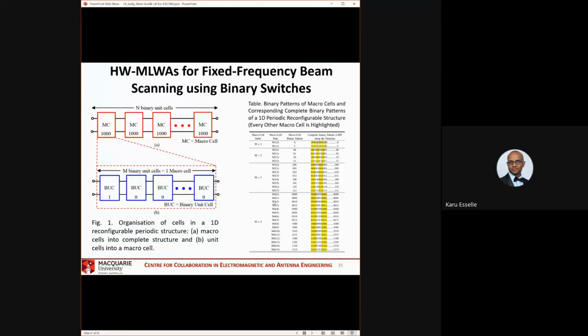That is combining 4 binary cells into one macro cell. If you want, you can combine only 3 binary cells into one macro. Then M equals 3, and there are only 8 independent states of the macro, 2 to the power 3. If M equals 2, that is only 4.